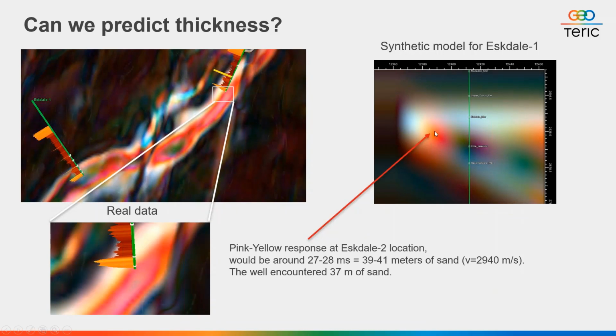So I would say that is somewhere around here. So then if we go into our wedge, we can see that is around 27, 28 milliseconds thickness. If we use the same velocity as we have measured in our Esdale-1 well, then that corresponds to about 40 meters of sand, and the well actually encountered 37 meters, so it was not too far off.